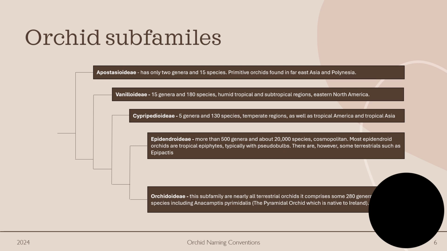The next family you see there is Cypripedioideae. This has 5 genera and 130 species. It's found in temperate regions as well as tropical America and tropical Asia. These are all the slipper orchids. All of those cypripediums that you see, hardy orchids growing outside.